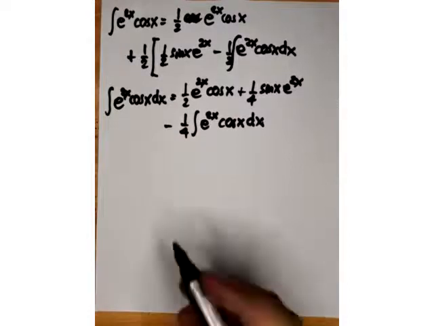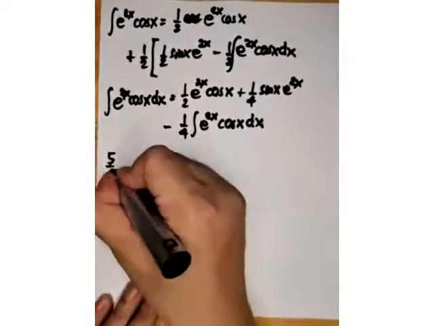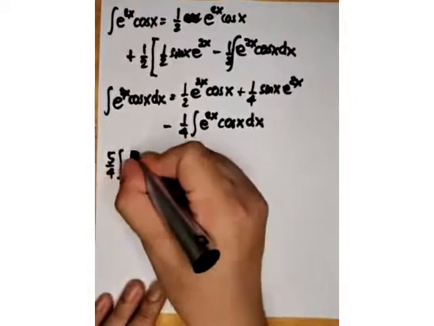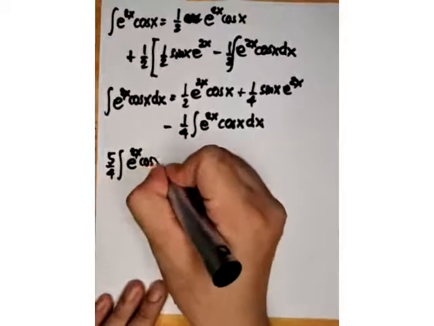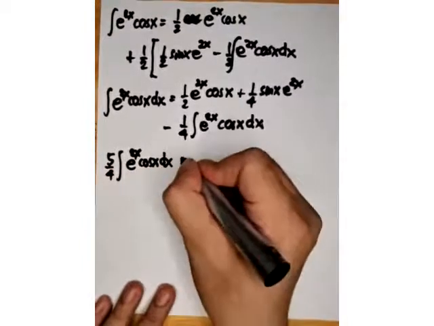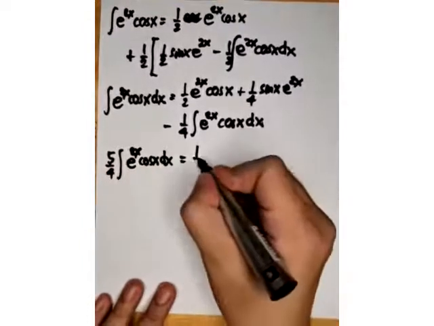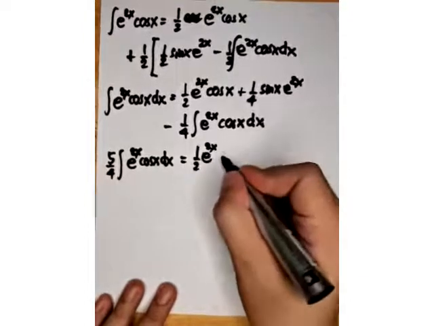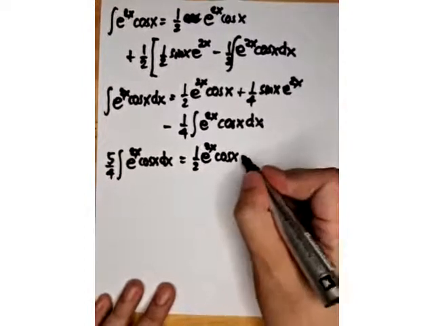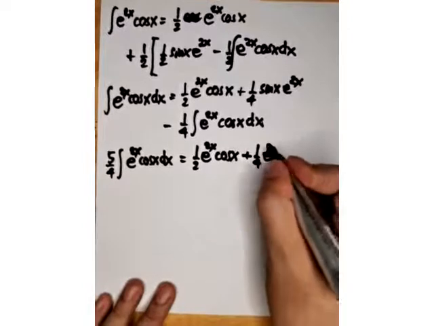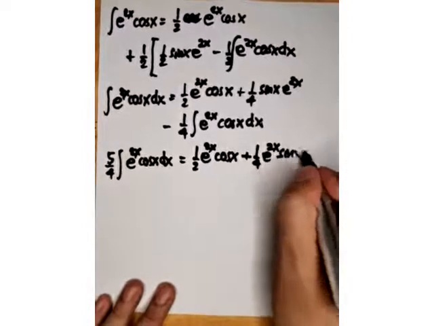So that's 5/4. So 5/4, the integral of e raised to 2x cosine x dx equal to 1/2 e raised to 2x cosine x plus 1/4 e raised to 2x sine x.